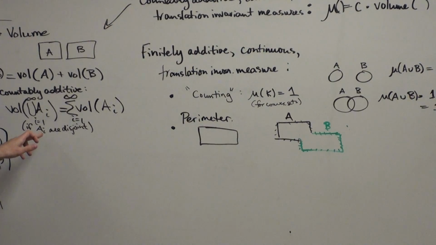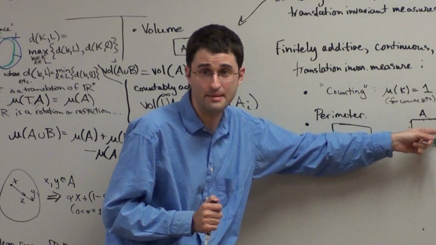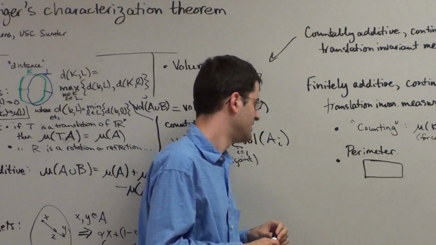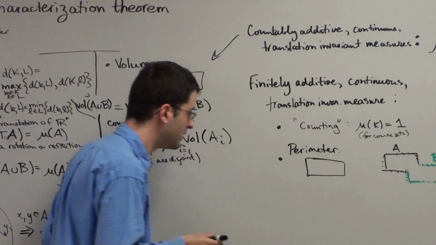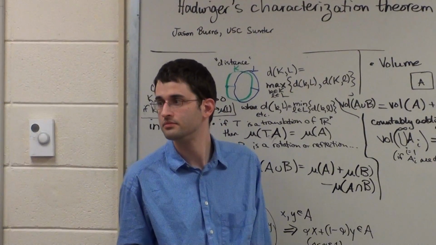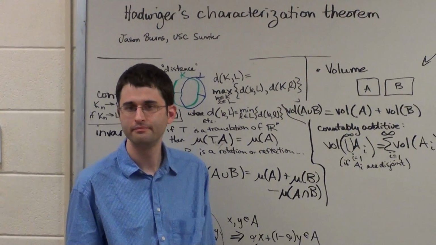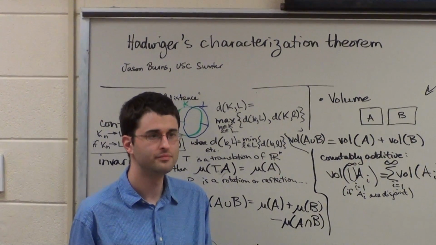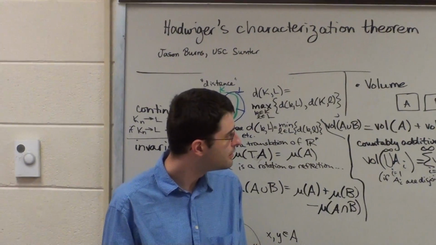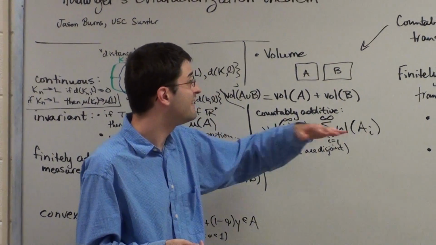Basically you can have a lot of little, again, those little flaky bits we'll get to. You can't take the limit, but this works. So perimeter, once you got that, you can probably think of another example right now. Length? Yeah, that's kind of like the volume.